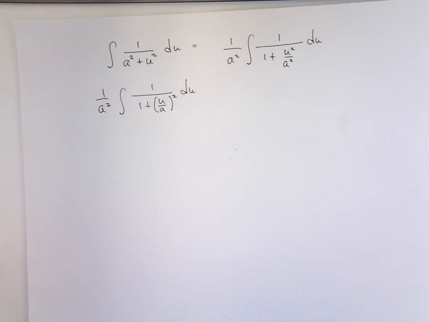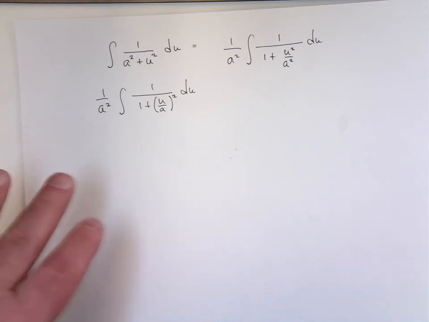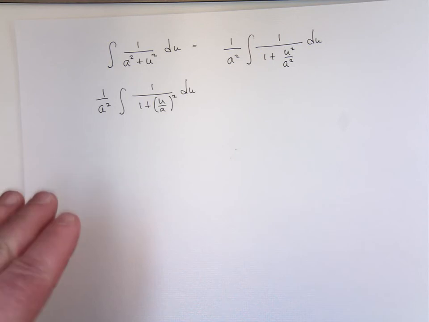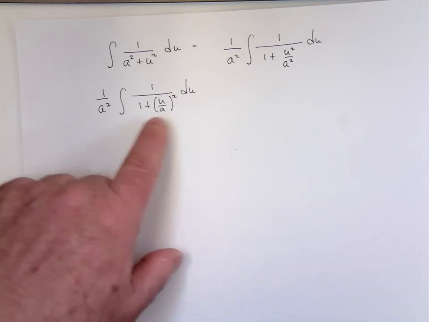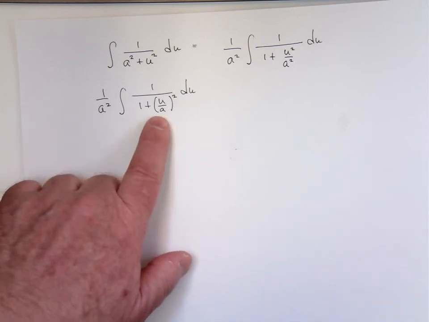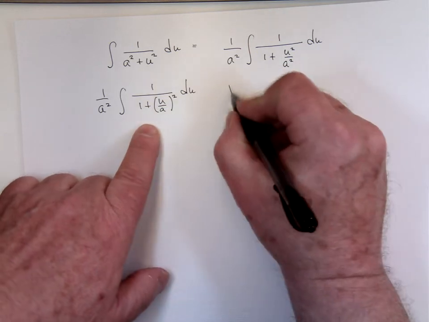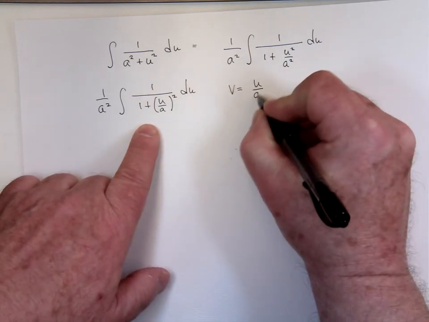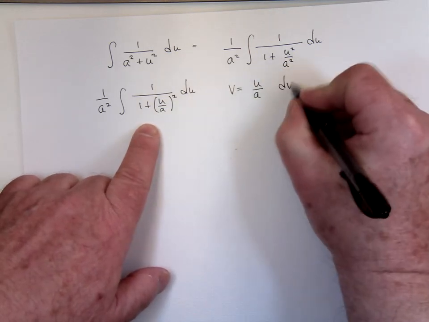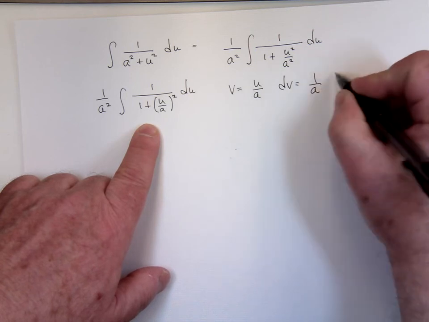Now, this is an integration form. I've already used the letter u, so I am now going to use the letter v to generalize this. I'm going to let v equal u over a. dv is 1 over a du.